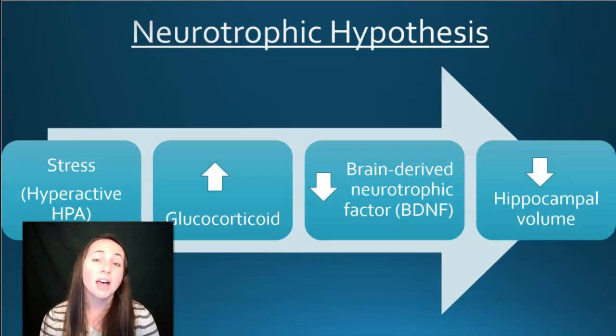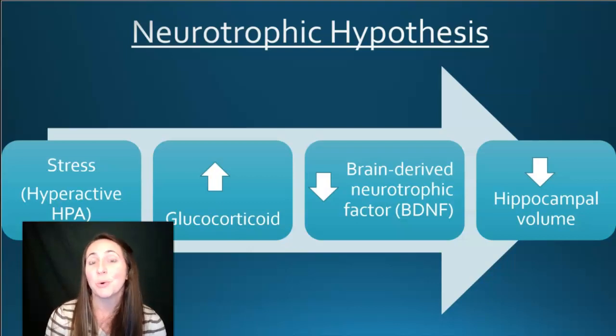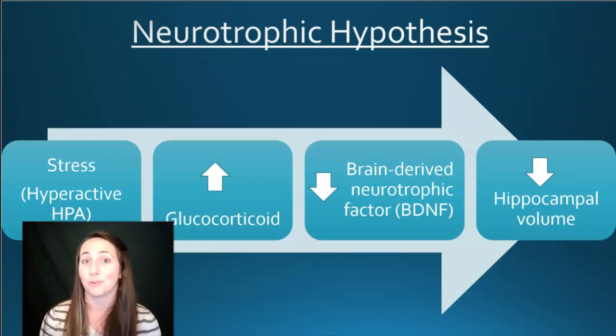And because of the decreased amount of BDNF, the factor that is helpful for neurogenesis, we see a decrease in hippocampal volume. So one of the things that we see with depression is that individuals who have depression have decreased volumes of their hippocampus. We're not quite sure if that is a symptom of depression, or if someone who has a decreased amount of hippocampal volume might be at risk for depression.